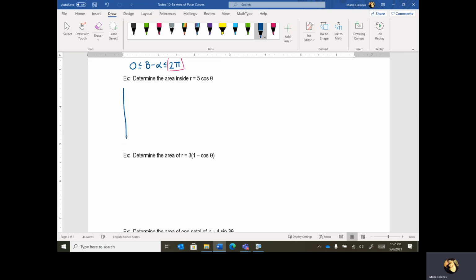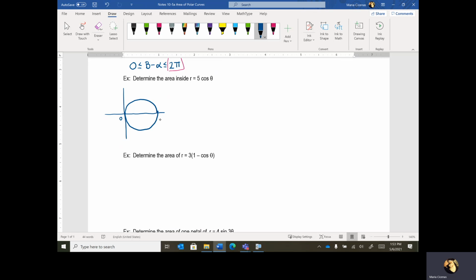And to help with that, I am going to put the sketch of this. If you're not sure what it looks like, you could put it in your calculator. But I know that this is a circle with diameter 5 that is symmetric on the positive side of the x-axis. So something like that.